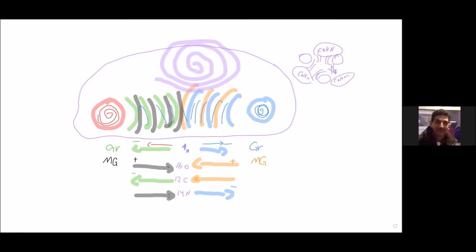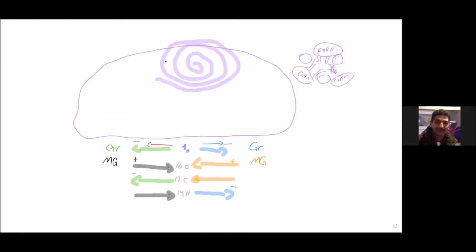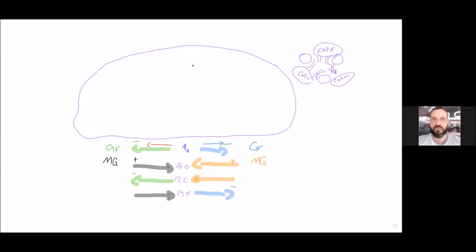Now, we go and we take all of these out and put Earth in the equation. Earth is here.